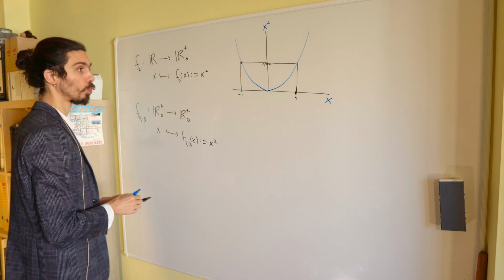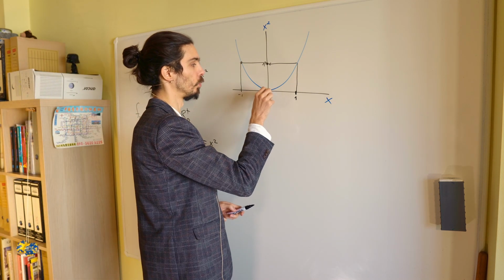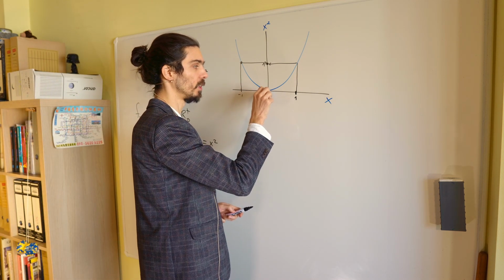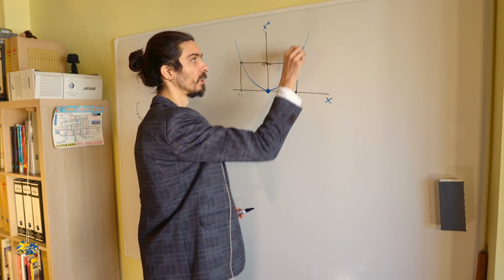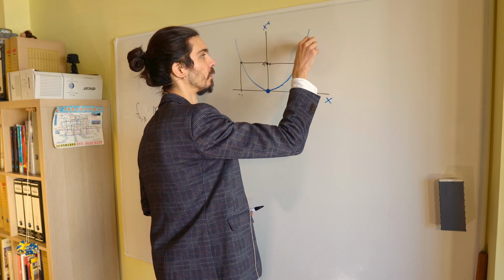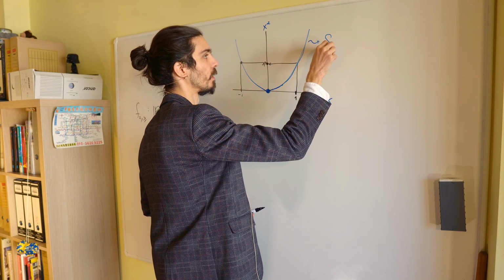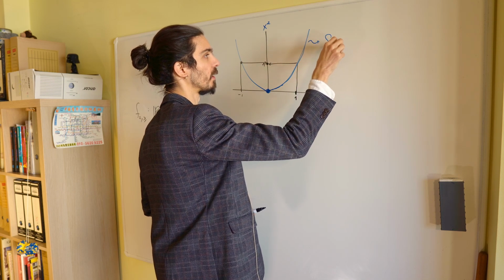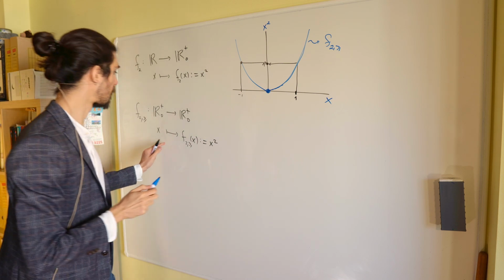This function graphically corresponds to this point plus all these points, so all this positive curve here. So this is f_2 greater or equal, the first restriction.